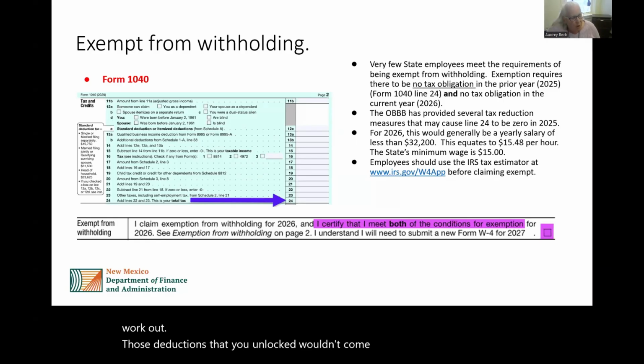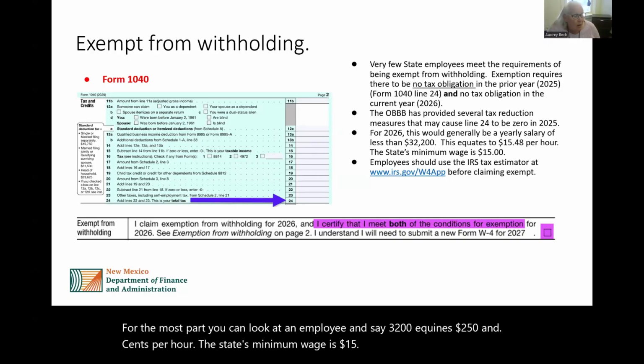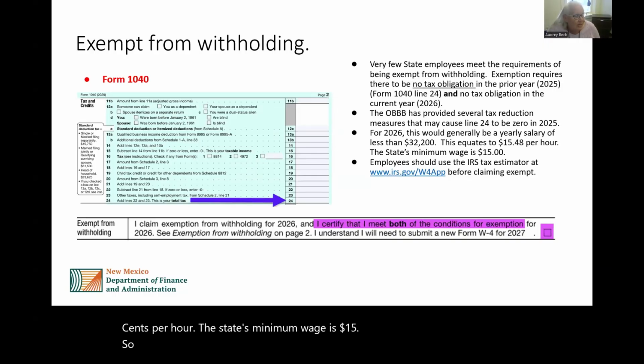But for the most part, you can look at an employee and say, 32,200 equates to $15.48 per hour. The state's minimum wage is $15 per hour. So most employees are not going to be exempt. They are going to have a tax liability.